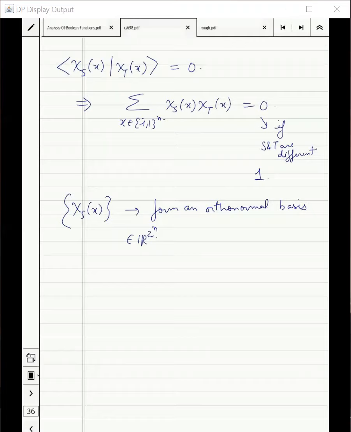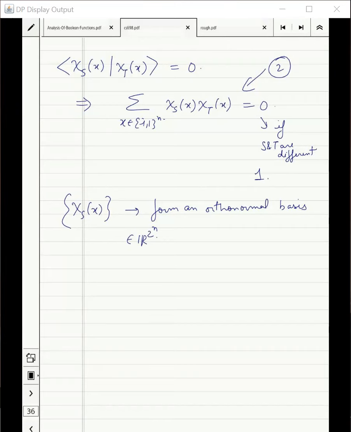So orthonormal is fine because we have defined the inner product like that. Now orthogonality means linear independence. We are showing something stronger than linear independence. We are showing that they are perpendicular to each other. Right?